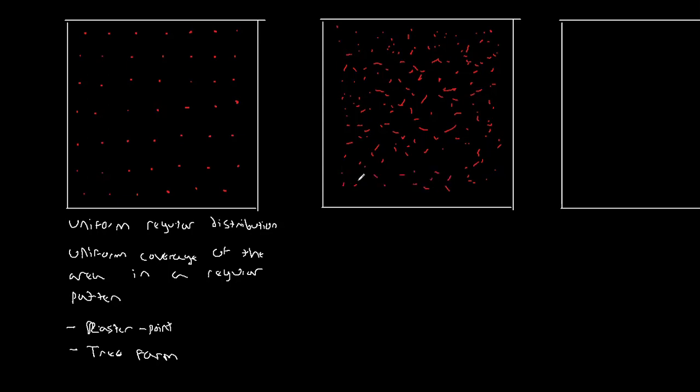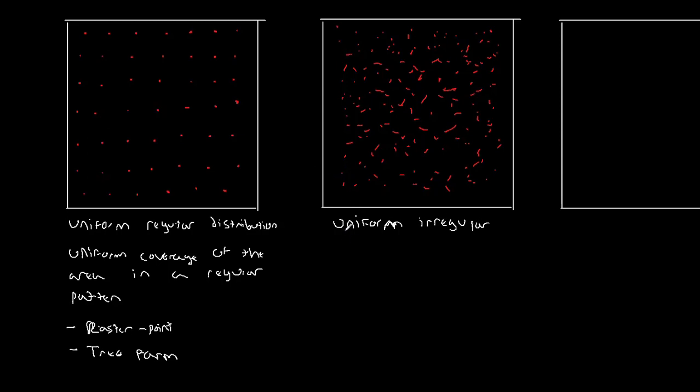So this right here is called a uniform irregular distribution.